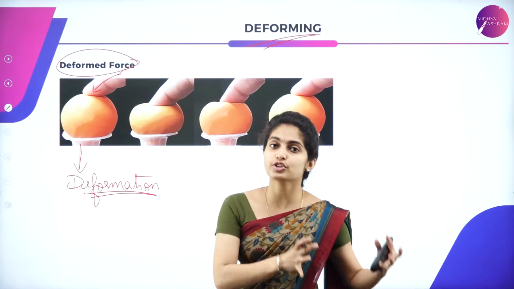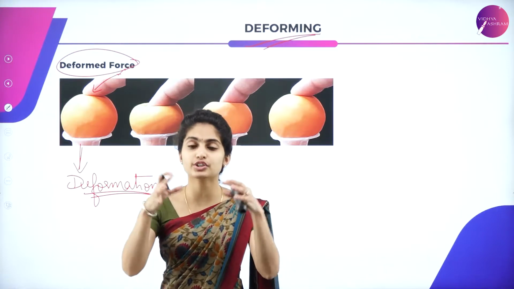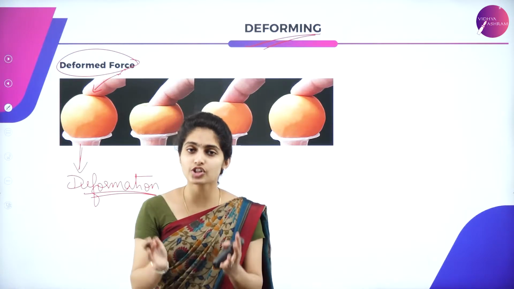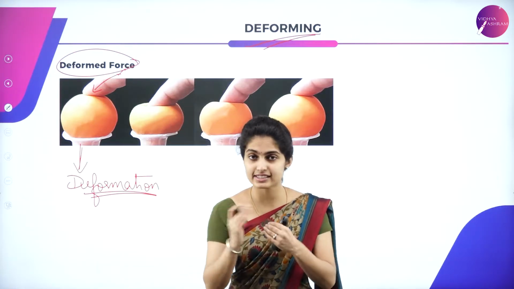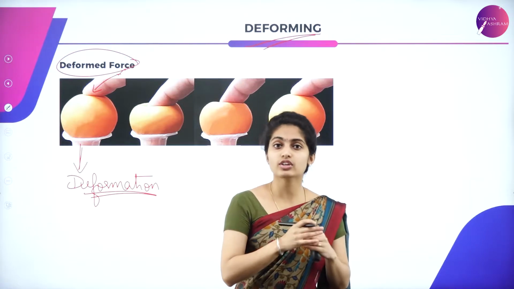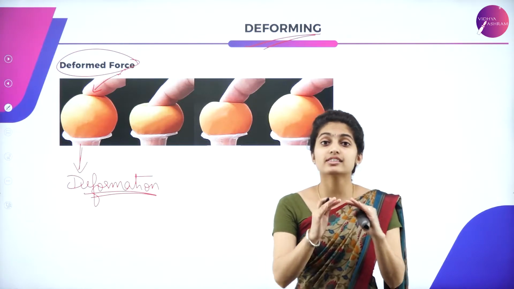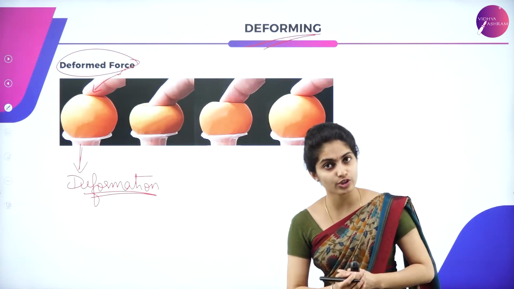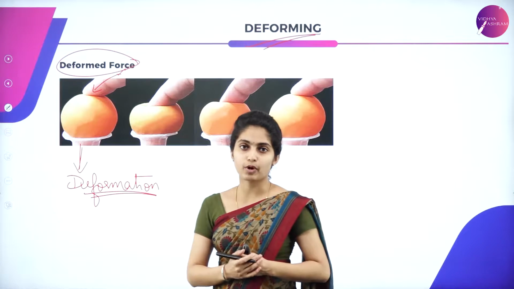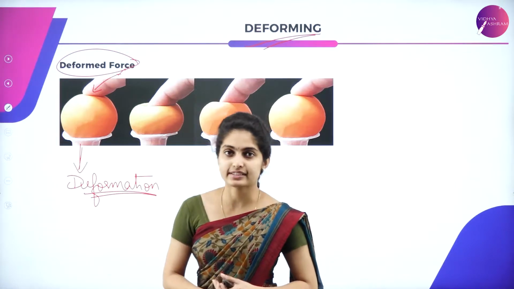When it comes back to the original position after undergoing change in its shape, such concept is called as elasticity, as well as the other contrary to that, whenever you change the shape of a solid and it doesn't regain its shape back to the original form, then such kind of a property is called as a plasticity.